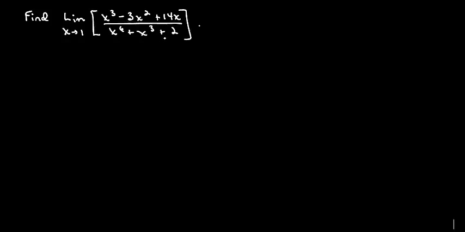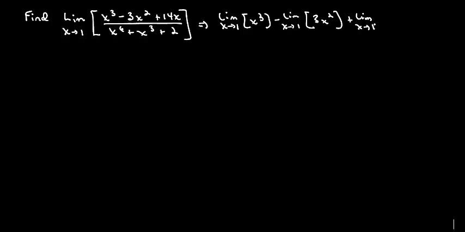So we're good. So what I'm going to do is apply my limit laws again. The numerator is the limit as x approaches 1 of x to the third, minus the limit as x approaches 1 of 3x squared, plus the limit as x approaches 1 of 14x.